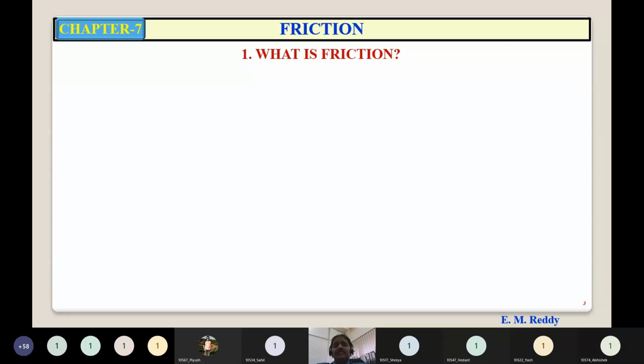What do you mean by impending motion? Impending motion is the state of the body in which the body is about to move, on the verge of motion.